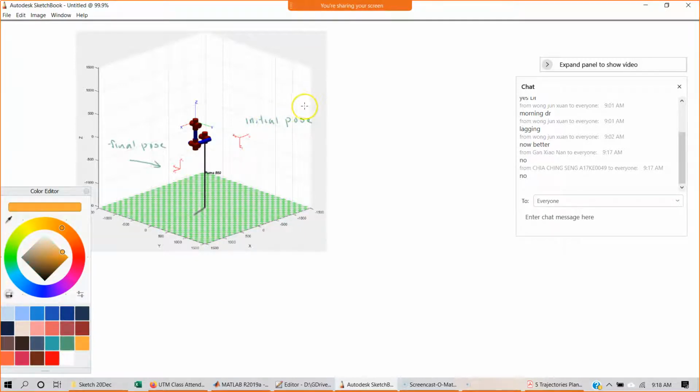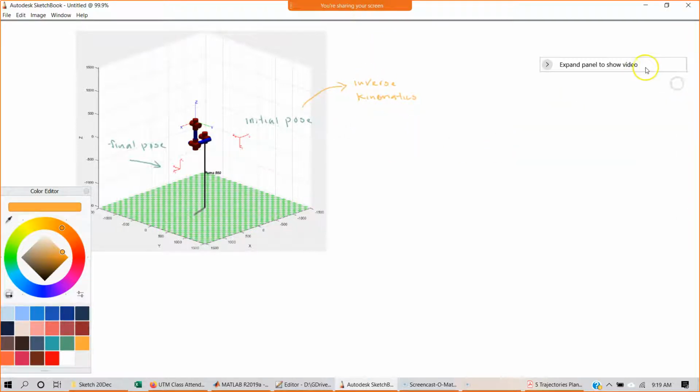So from here, using inverse kinematics, the previous chapter, chapter 4, we will obtain, or maybe this is the wrong way of writing.